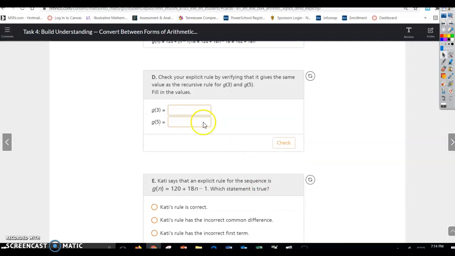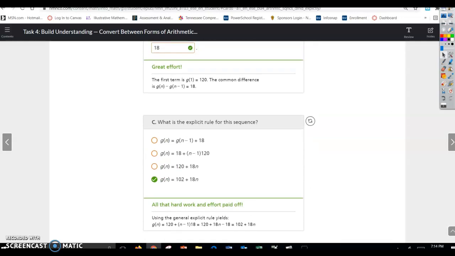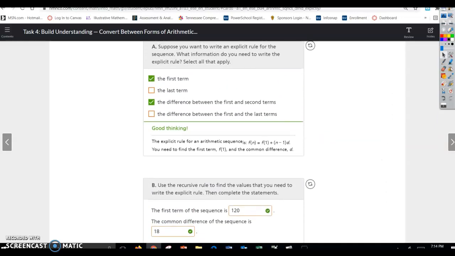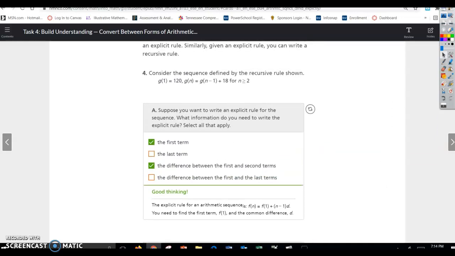All right. Check your explicit rule to verify that it gives the same value as the recursive rule for G of 3 and G of 5. All right, so if we go back up here and we look, this rule tells us to take 120, that's the previous term, add 18 to get the next term.